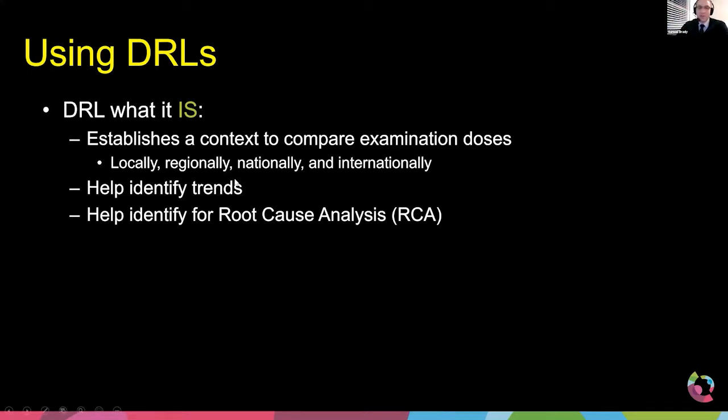And then we can do what's called a root cause analysis, an RCA, so we can identify why that one protocol may be different than the others. And it helps us to understand what we may consider at that local hospital too low and too high. And so it's giving us a way to start to investigate and ask these questions.